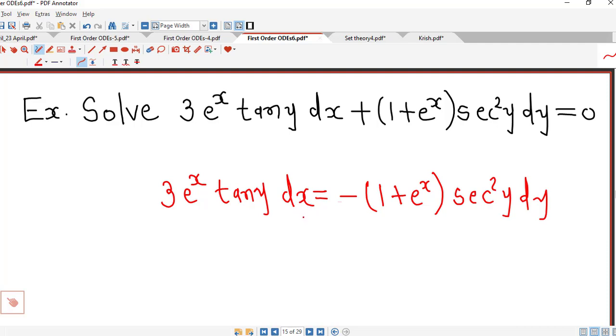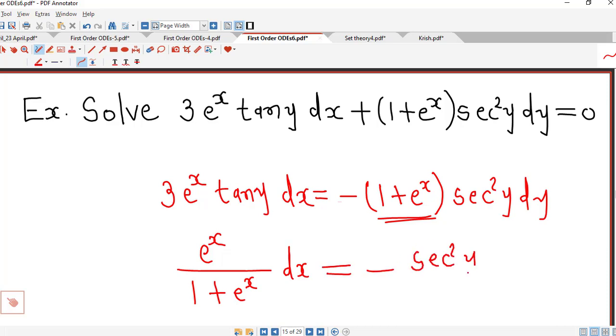So we consider terms with x on this side. So we have e raised to x over 1 plus e raised to x dx equal to sec square y over 3 tan y. We take 3 tan y on the right hand side, we take 1 plus e raised to x, and dy. Okay, fine. So this is separable.